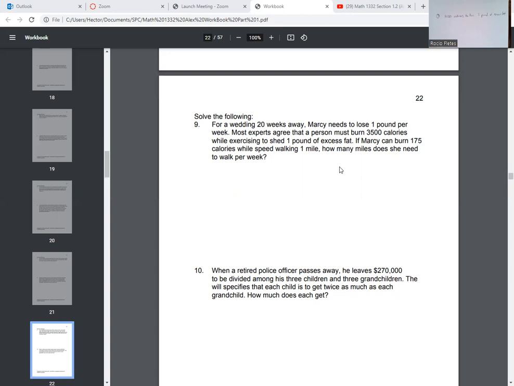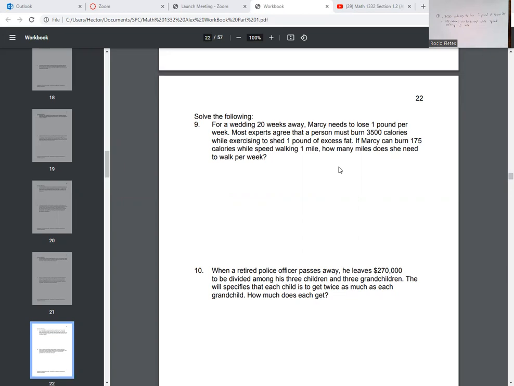If Marcy can burn 175 calories, now 175 calories can be burned while walking 1 mile. Speed walking, 1 mile. So how many miles does she need to walk per week?